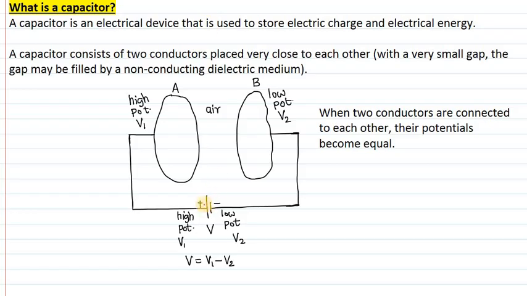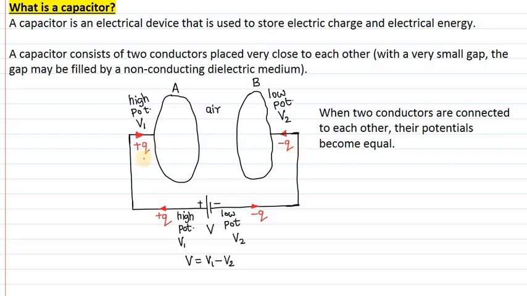So this battery will supply electric charge. The positive terminal of the battery will supply positive charge plus Q, and at the same time the negative terminal of the battery will supply charge minus Q, the same amount, and these charges will go into the conductors, like this.